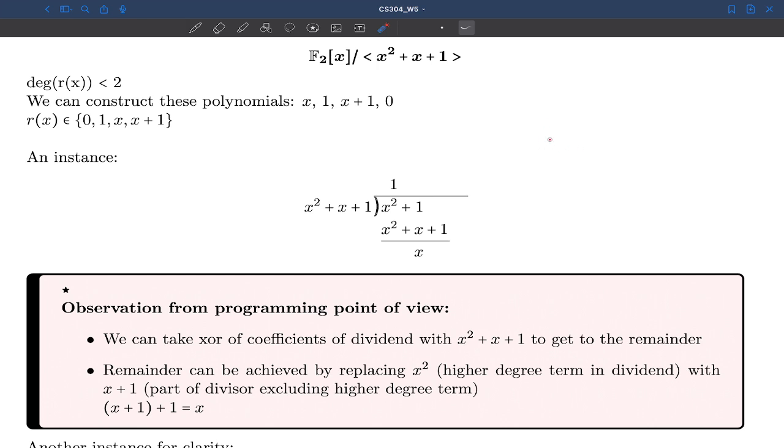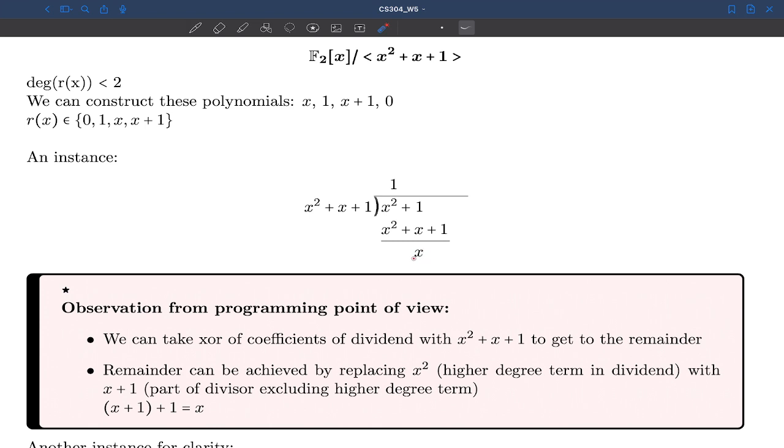Whenever we have the same input, that will yield 0, and whenever we have different entries, we get a non-zero outcome. And XOR of any number with 0 is that number only. So if you take XOR of each degree term in the divisor and this x square plus 1, you will get the remainder also. This is one way of achieving the remainder.